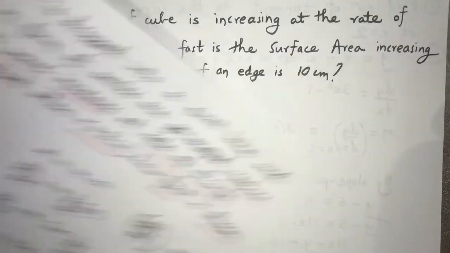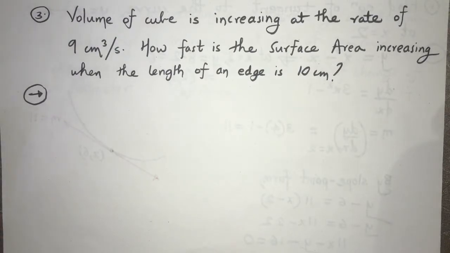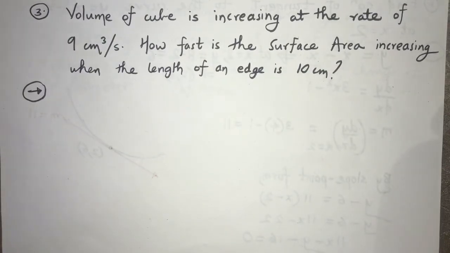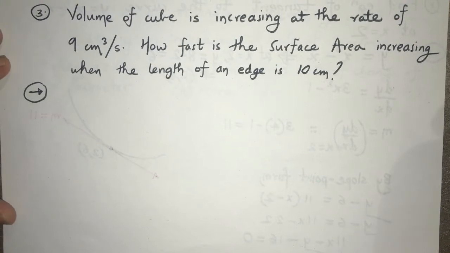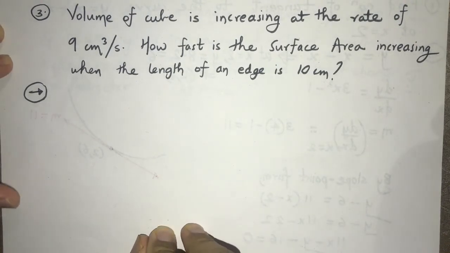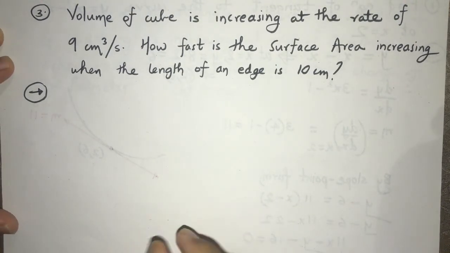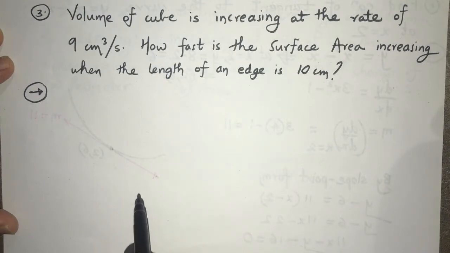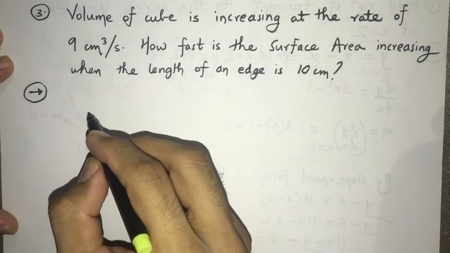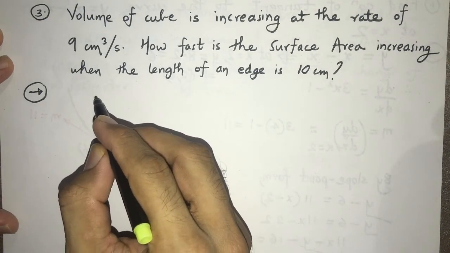So the next question is: volume of a cube is increasing at the rate of 9 centimeter cube per second. How fast is the surface area increasing when the length of an edge is 10 centimeters? So we are going to have a cube here.